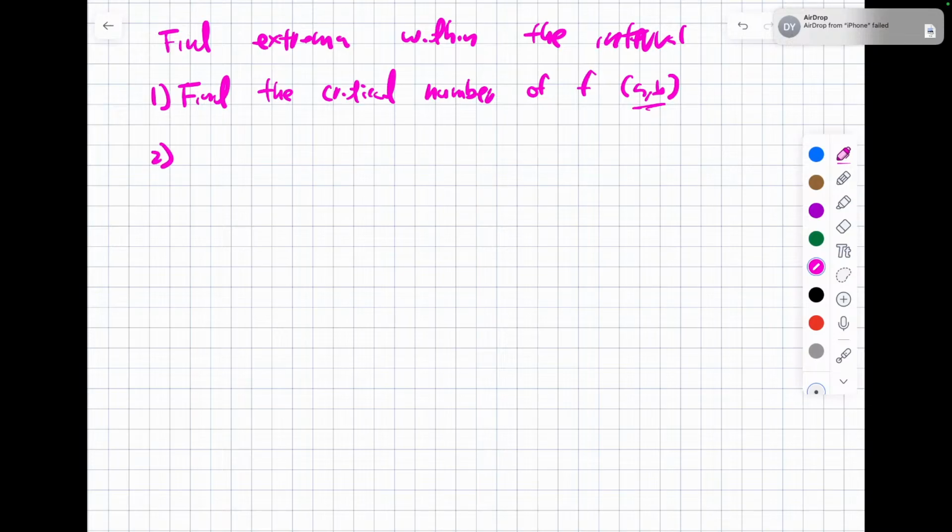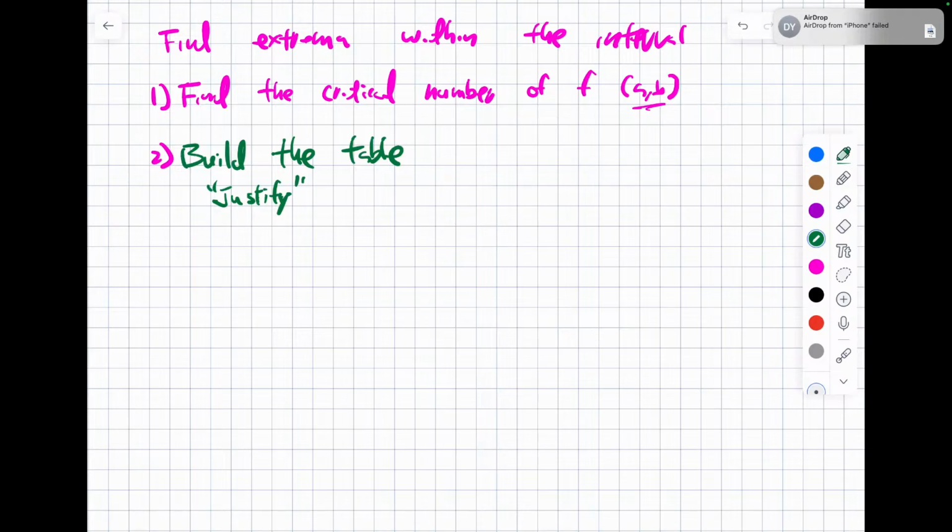Step two, which is a really big thing the AP exam really wants you to do: fill the table. If they ever ask you absolute maximum value, absolute minimum value, or to justify, when the AP exam says justify something, I don't know how to spell justify, if they ever say justify that this is the absolute maximum value, then you have to build a table.